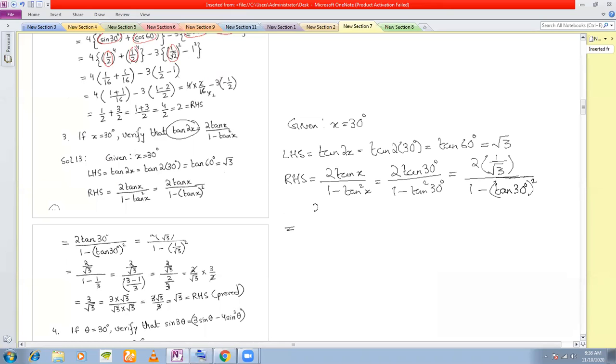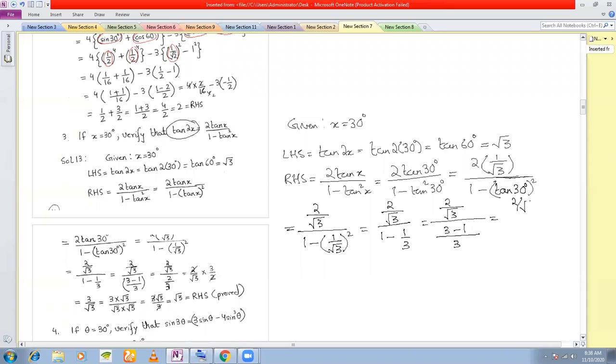So now this becomes 2 by root 3 in the numerator. And in the denominator, you put the value of tan 30 as 1 by root 3 square. You just need to simplify now. This becomes 1 minus 1 by 3. You take the LCM in the denominator. It becomes 3 minus 1 by 3.